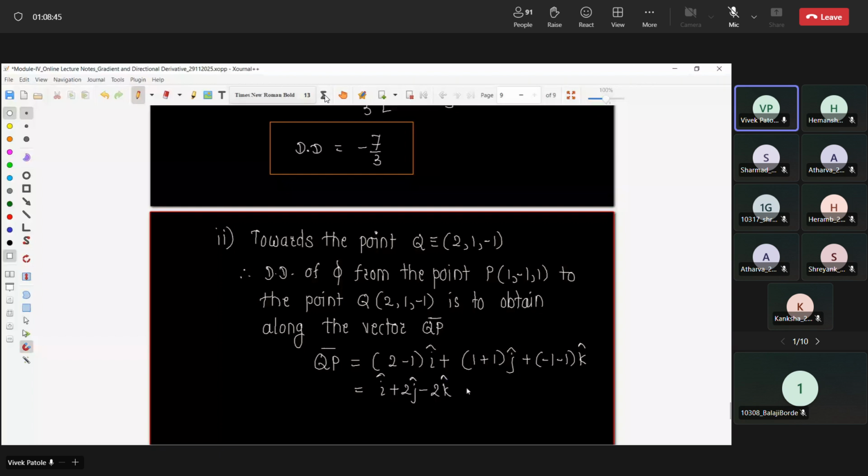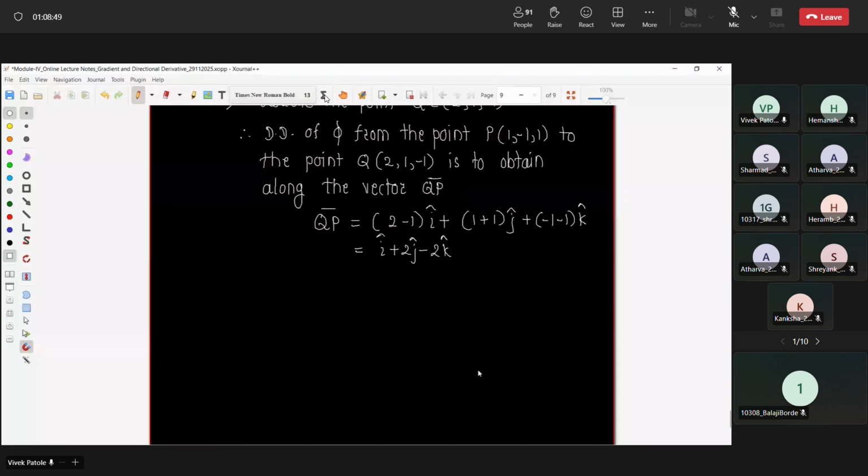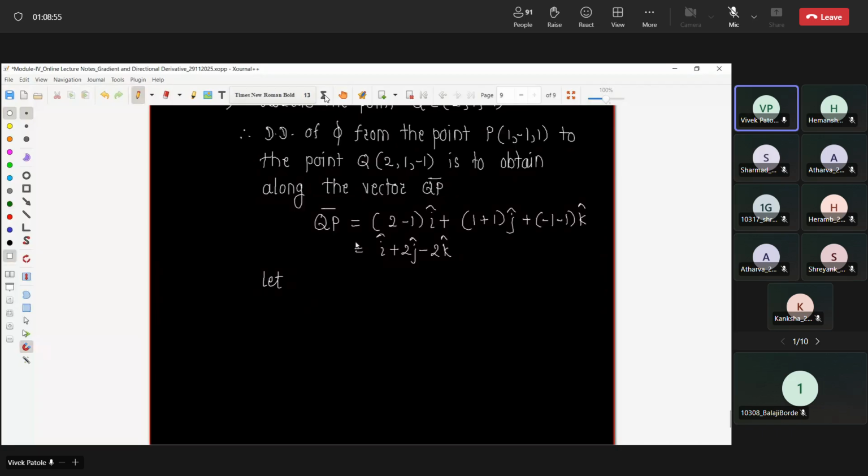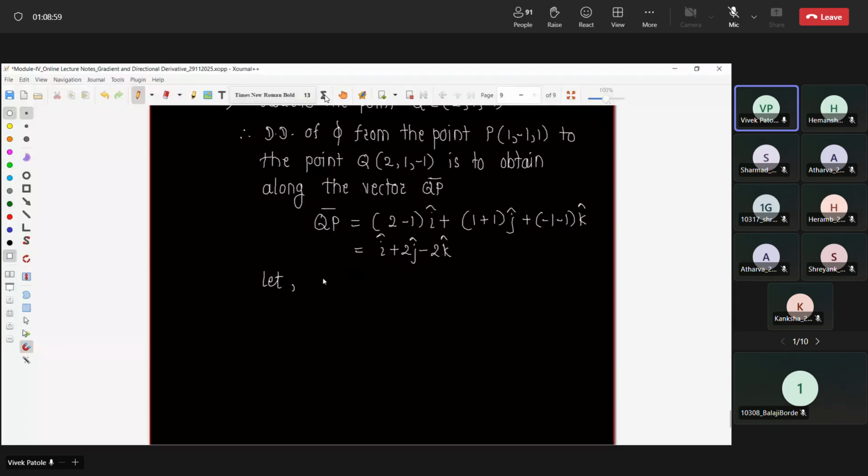Am I right? Yes, sir. This is our QP bar. Now, along the direction of this vector, we wish to evaluate the directional derivative. So we will consider this vector as u bar. So let u bar be i cap plus 2j cap minus 2k cap.